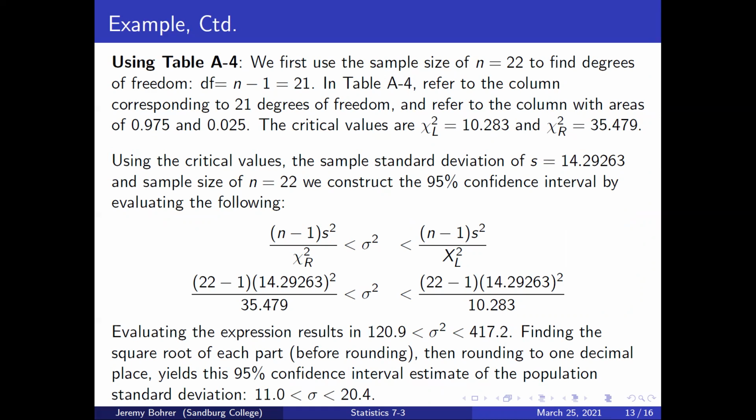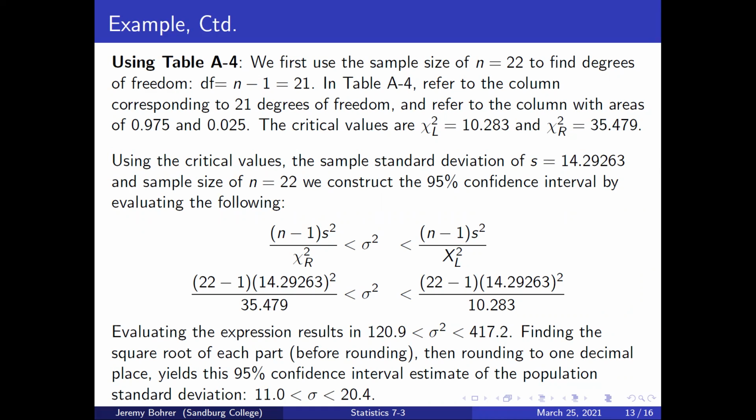In table A4, refer to the column corresponding to 21 degrees of freedom and refer to the columns with areas of 0.975 and 0.025. The critical values are chi-squared sub L equals 10.283 and chi-squared sub R equals 35.479.